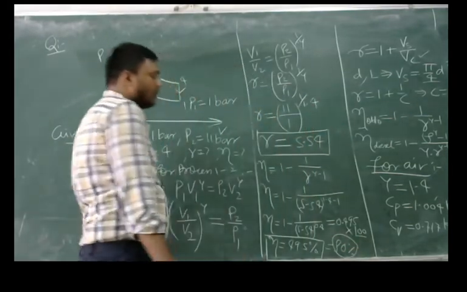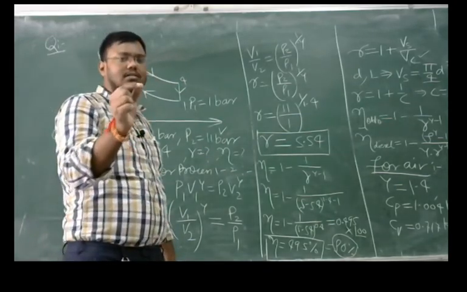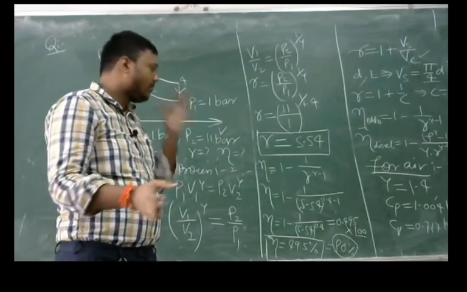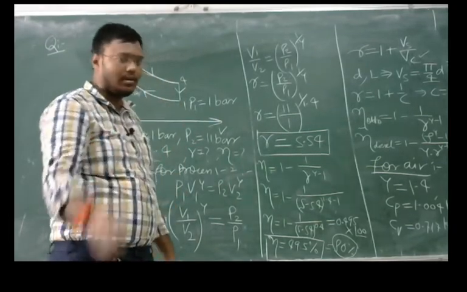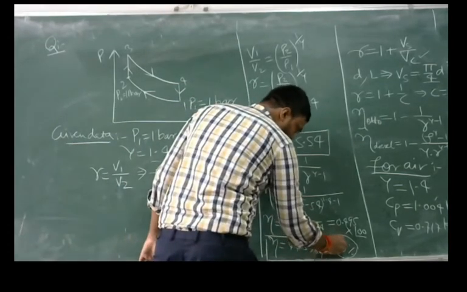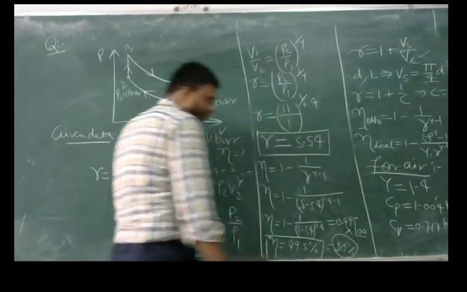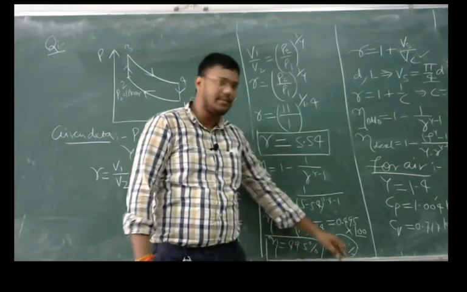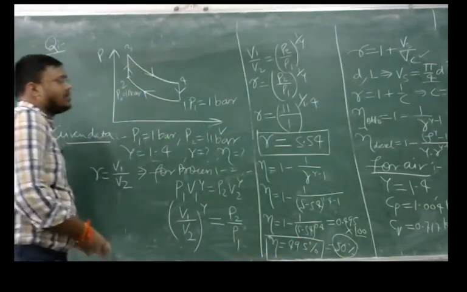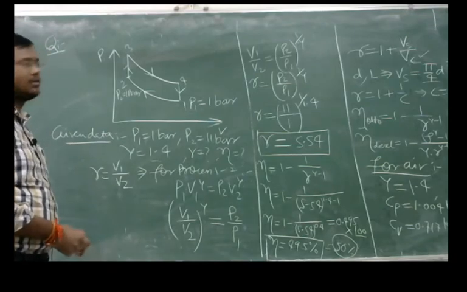If there is a little bit of difference, it is due to the calculator or your calculation. So this may come equal to 50%. This is how we have to solve the question.